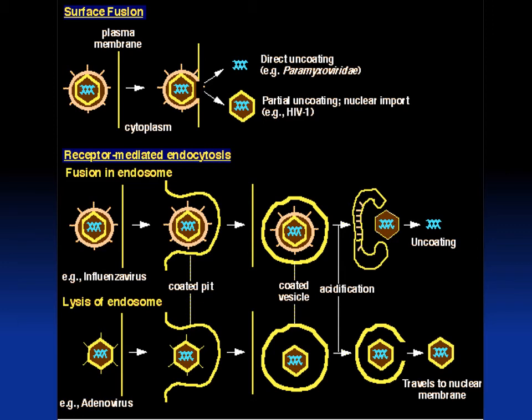However, what happens is that viruses fuse within the endosome. Once they fuse with the endosome, the capsid is left free to enter the host, and after that the nucleic acid is released by the process of uncoating.